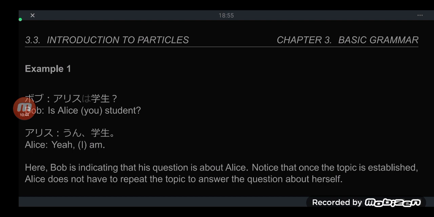And then Alice, remember in Japanese you don't have the letter L, but rather the letter L is transformed into R. So Alice, or Aris, will reply, gakusei, meaning yes, I am. You know, in Japanese, this is very important.